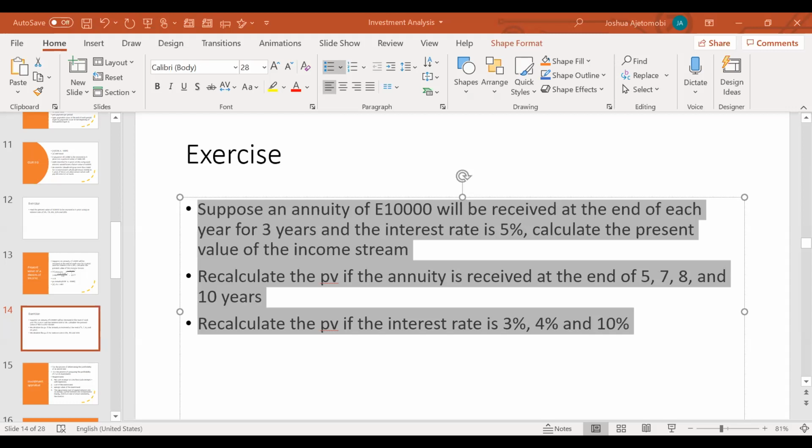Okay. Then now for 3%, I got 28286.11. Really? You get the same thing?